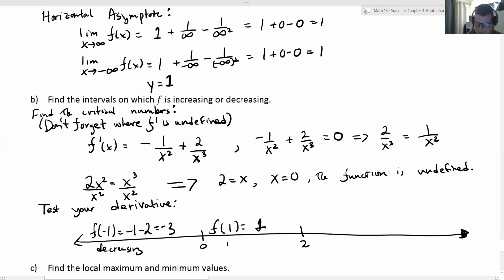So this is increasing because the derivative is positive. And then 3 is going to be negative 1 over 3 squared plus 2 over 27. This is just going to end up being negative. So it's decreasing on that side of 2.